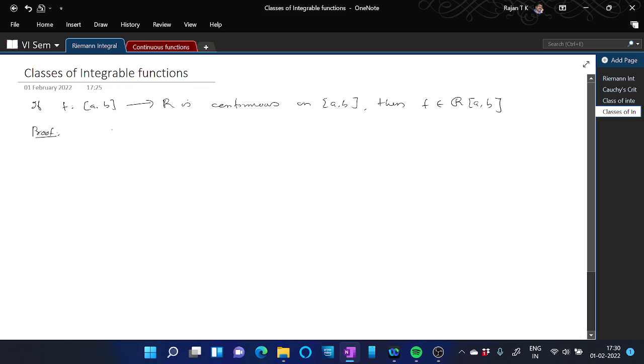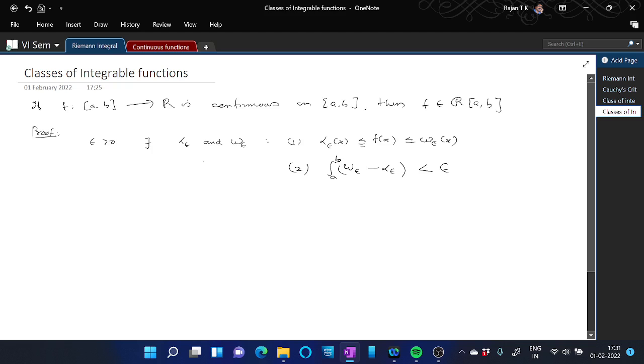For proving this Riemann integrability of the continuous function, we use the idea that for every epsilon positive, we will find two step functions alpha epsilon and omega epsilon with the property that alpha epsilon(x) is less than or equal to f(x) less than or equal to omega epsilon(x), and the integral from a to b of omega epsilon minus alpha epsilon is less than epsilon.